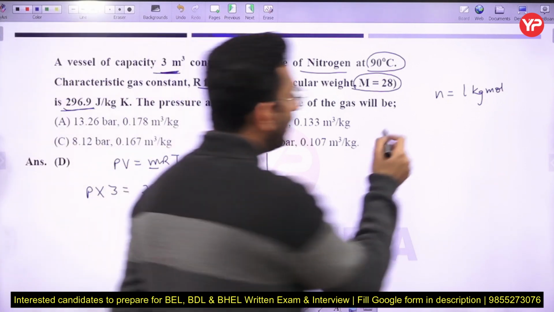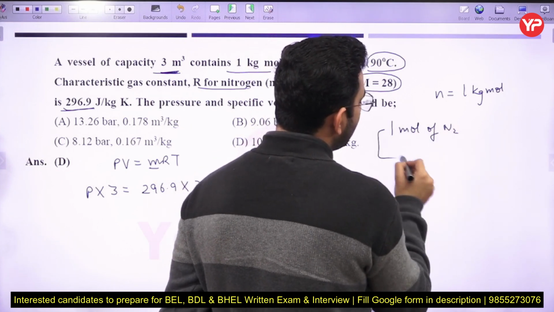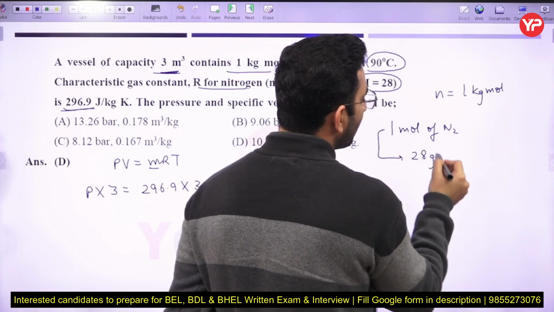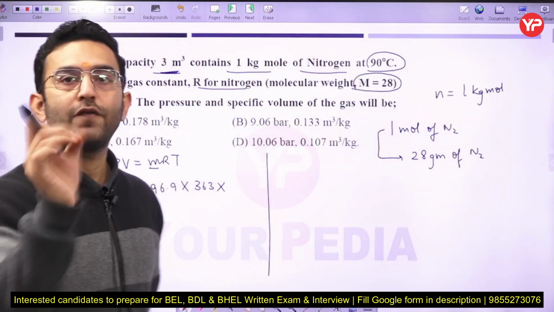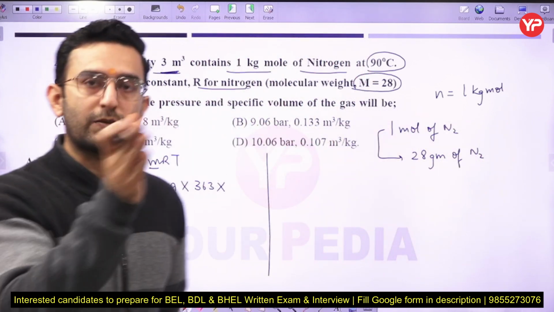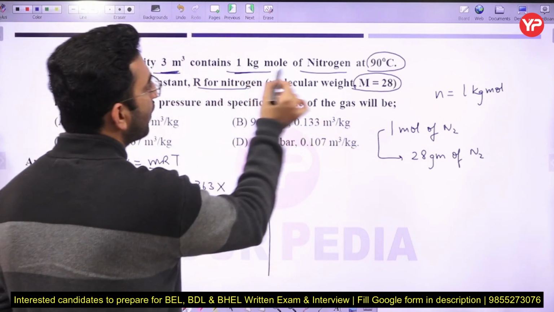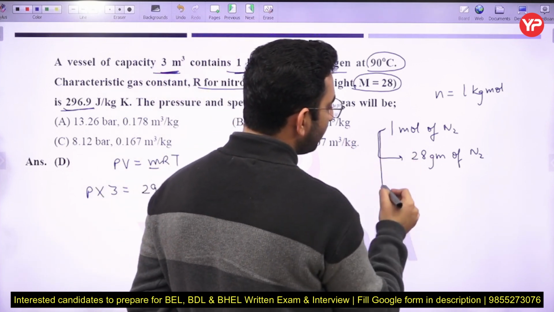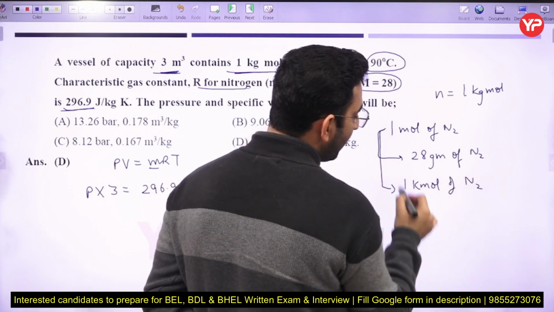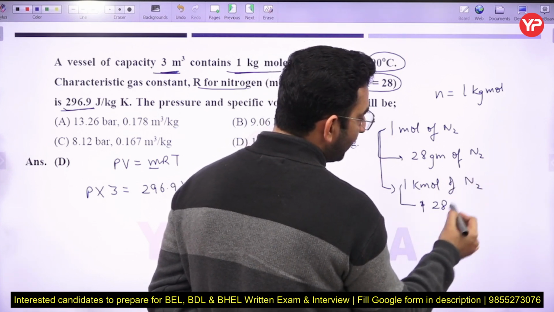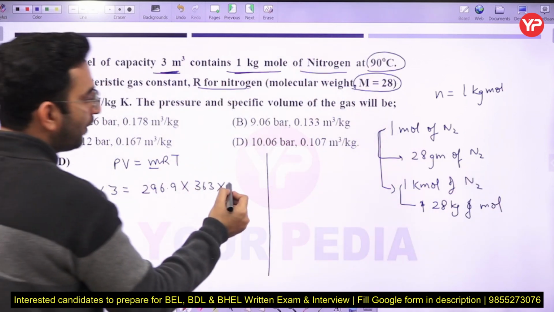If I say we have 1 mole of nitrogen, that means 1 mole of nitrogen corresponds to 28 gram of nitrogen, and it consists of Avogadro number of particles, that is 6.022 into 10 to the power 23 particles. So if the number of moles is equal to 1 kilogram mole, that is 1 kilomole of nitrogen, then we have 28 kilogram of nitrogen. In that case the mass will be 28.